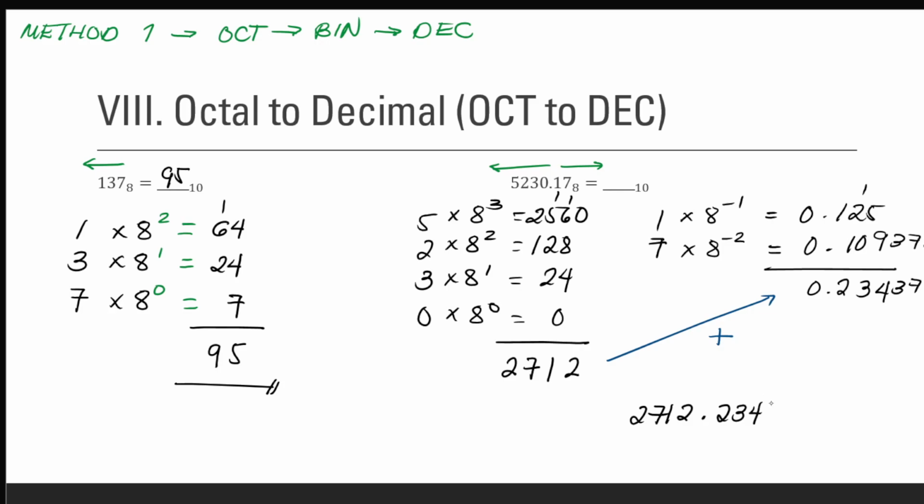Ayan. Okay, so we have 2, 3, 4, 375 base 10. Ayan. Okay, so that is our equivalence, yung equivalent natin for octal to decimal.